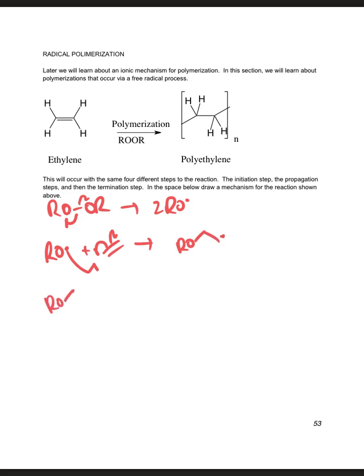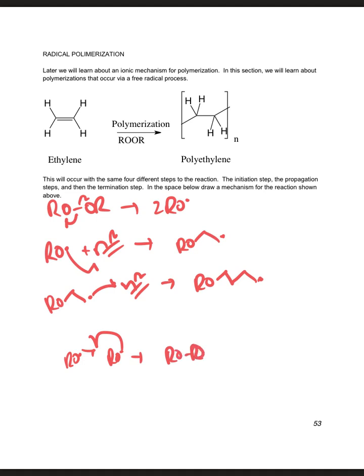This new radical can react with another pi bond to make a new radical, and we just keep adding on the chain for however long we want until we get our polyethylene. And then we terminate the reaction with two free radicals coming together to form a small whole molecule.